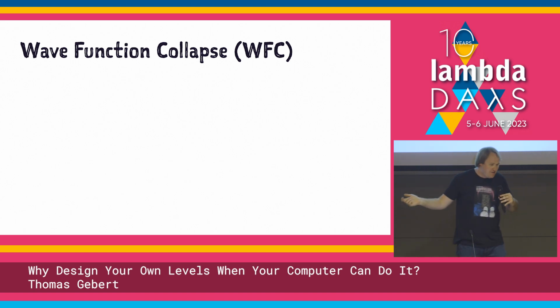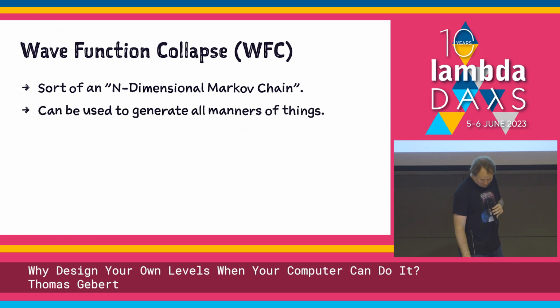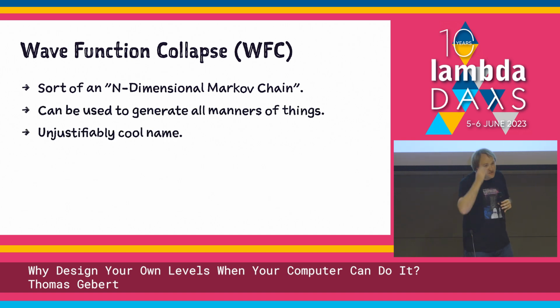An abstraction of a Markov chain is called wave function collapse, which has an unjustifiably cool name. You can think of it as a multi-dimensional Markov chain. You can use it for n-dimensional stuff. It's been used to generate poetry and music and, obviously, levels.